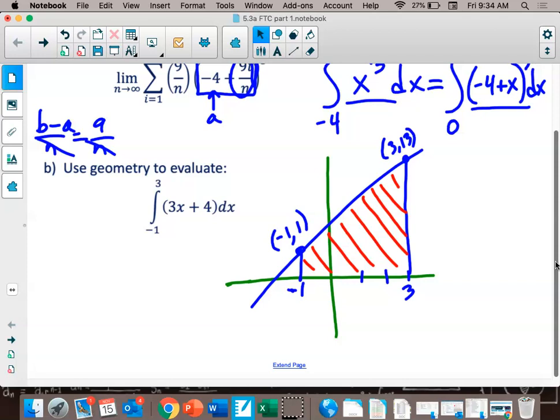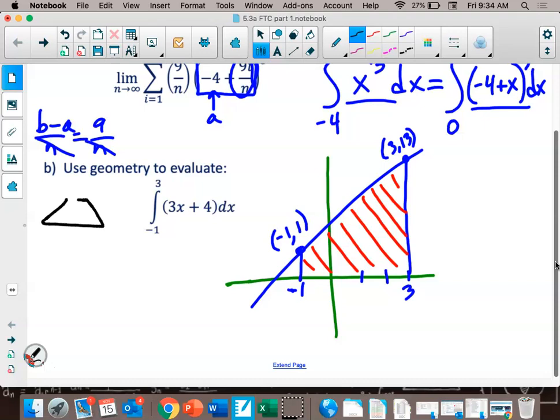If it doesn't scream trapezoid to you, because in geometry we're taught trapezoids all look like that, this one is actually turned sideways. Think of it as this shape, turned sideways. So our area equals, not approximately, it equals.